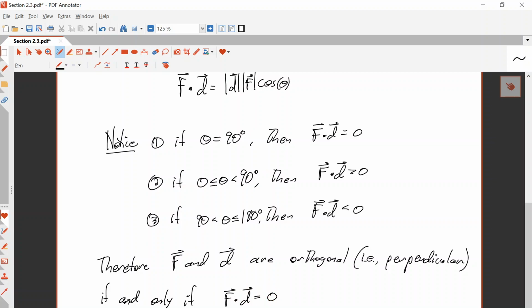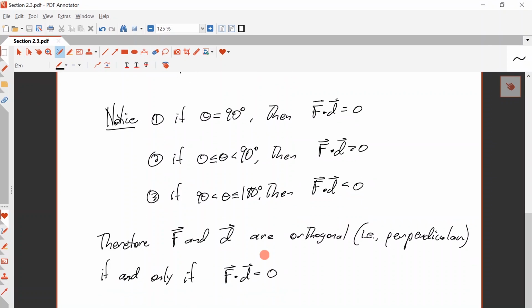Okay, so you can tell about the angle between F and D, whether it's acute, obtuse, or a right angle, solely on whether we are positive, negative, or zero with the dot product. Perpendicularity is particularly noteworthy in that case.